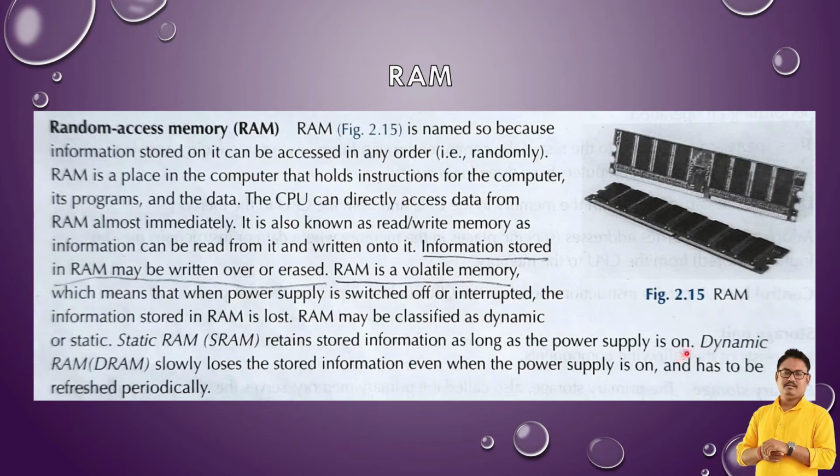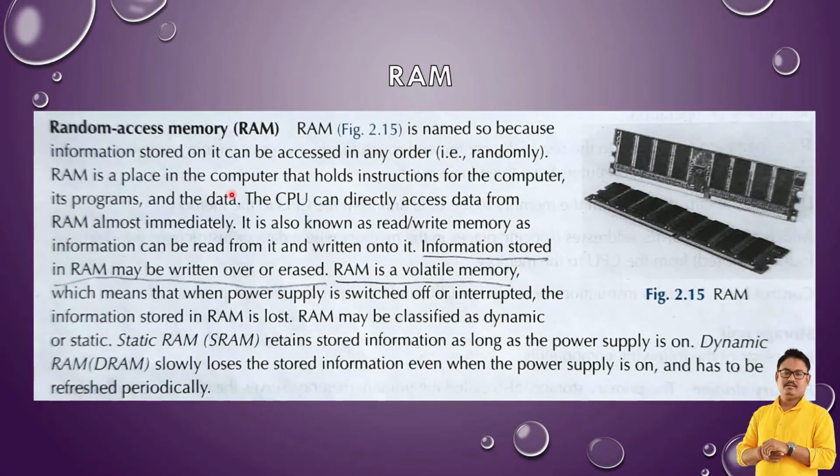Dynamic RAM, DRAM, slowly loses the stored information even when the power supply is on and has to be refreshed periodically. If it is SRAM, it is good as long as your power supply is on, all the information will remain there. And DRAM will slowly lose it, so it needs to be refreshed periodically.